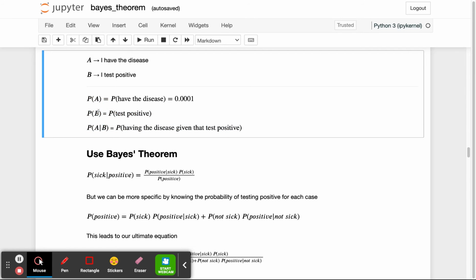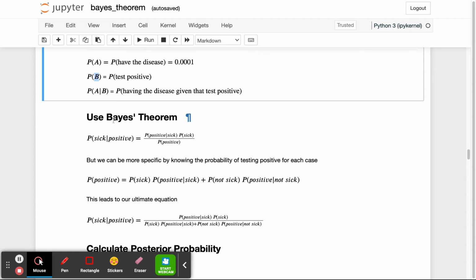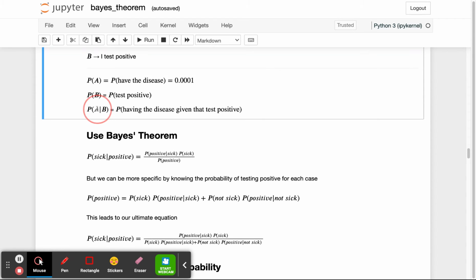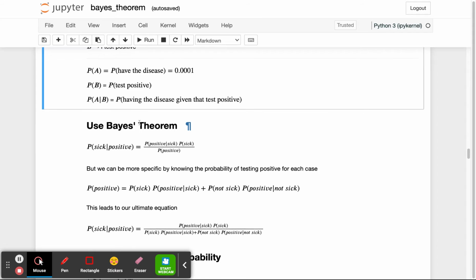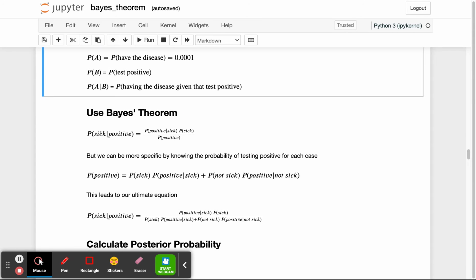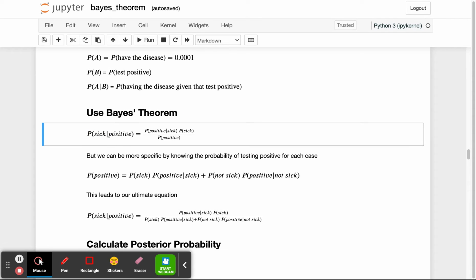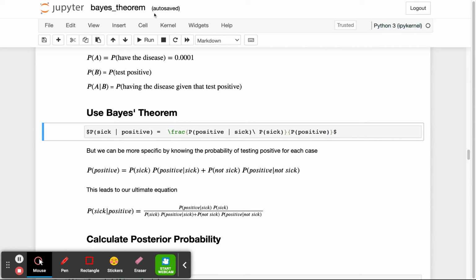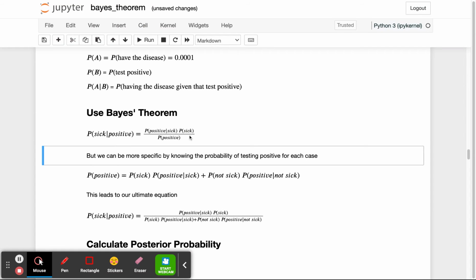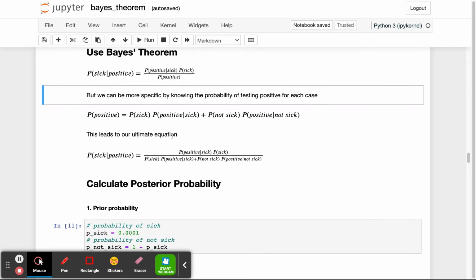So the probability of testing positive is the probability of B. So the probability of A given B is going to be the probability of B given A times the probability of A divided by the probability of B. So the probability of sick, given that you test positive, is going to be the probability of positive, given that you're sick, times the probability of sick, all divided by the normalization.